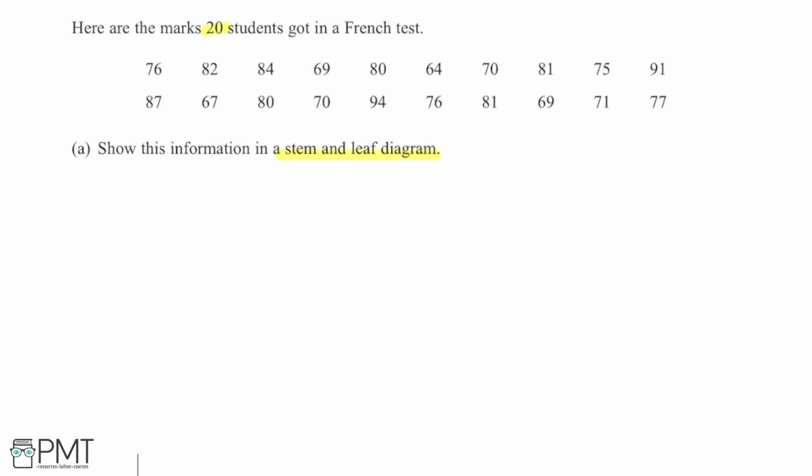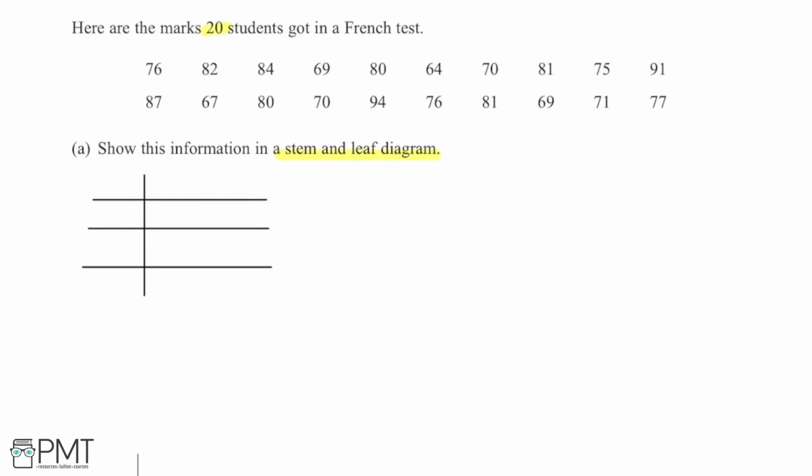For a stem and leaf diagram, we have basically 2 main parts. We have one column which represents the stem, which in this case is the tens column, and then we have another column which represents the leaves. So this column here is the tens column, the stem, and the leaves go in this area here.